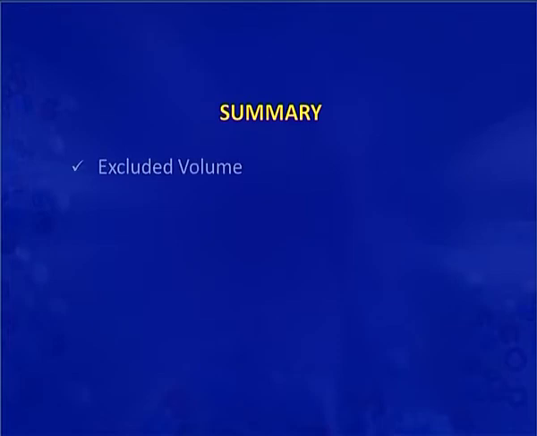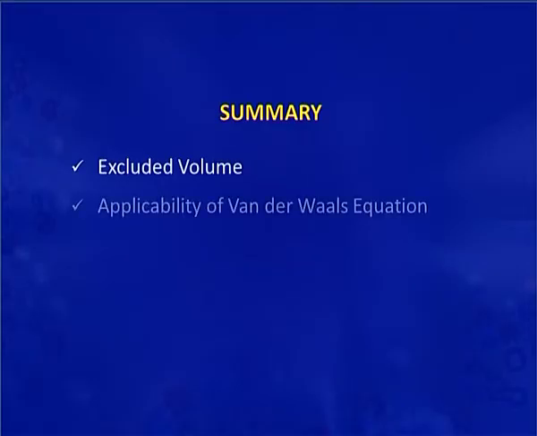So what we have done in this lecture: we derived that the excluded volume is 4 times the actual volume, that is b is equal to 4 Vm. Then we checked the validity or applicability of the van der Waals constants.